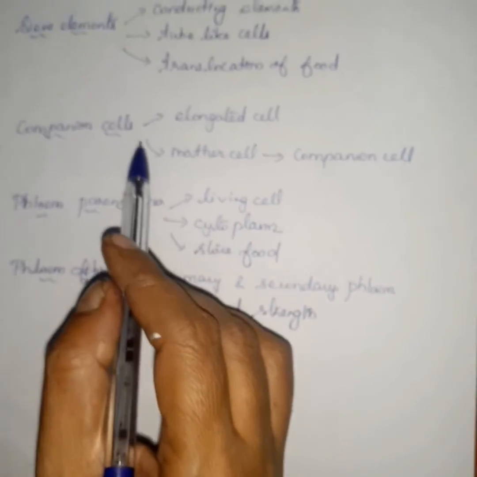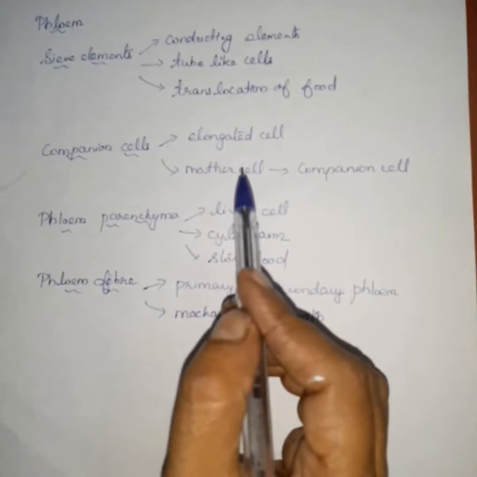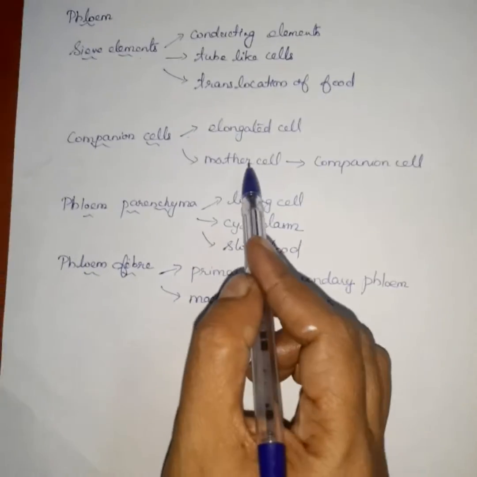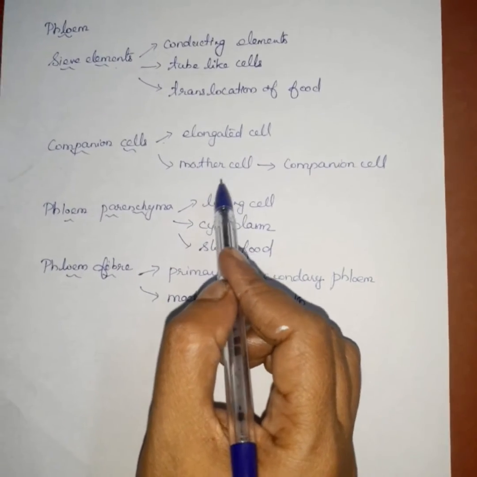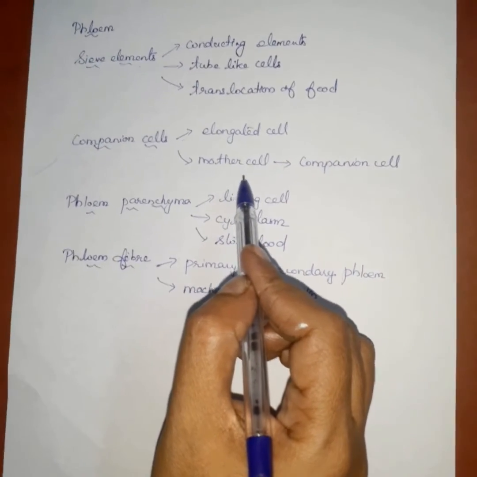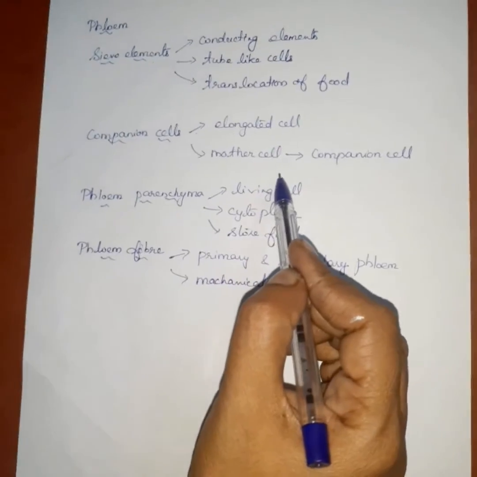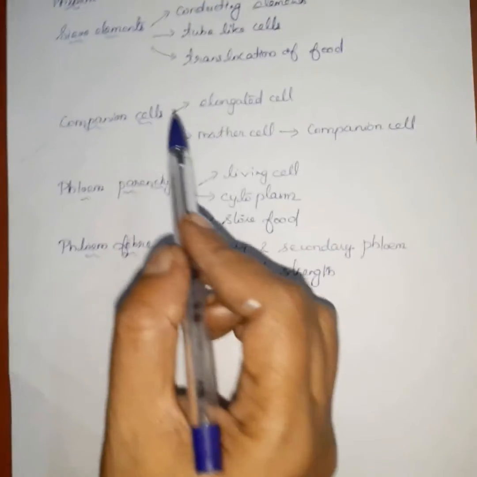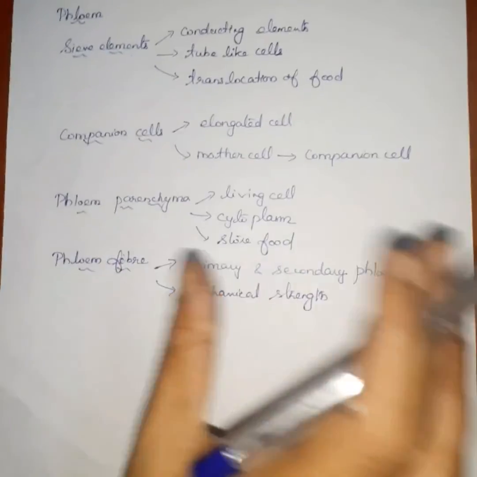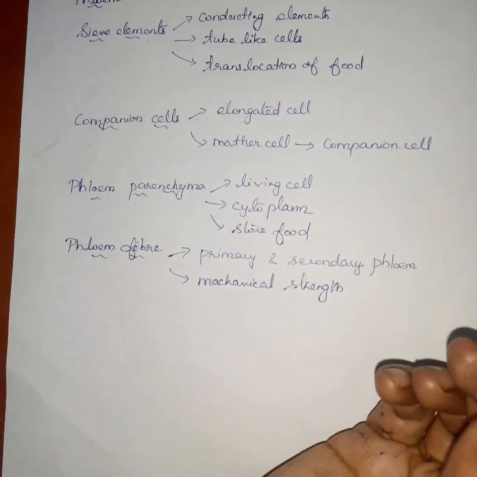These are elongated cells attached to the lateral wall of the sieve tubes. Here the mother cell may be divided transversely forming the companion cells.